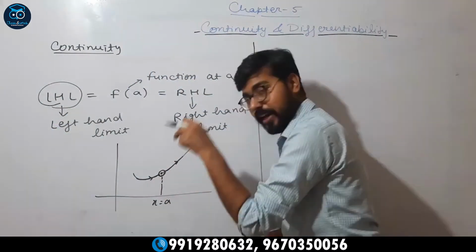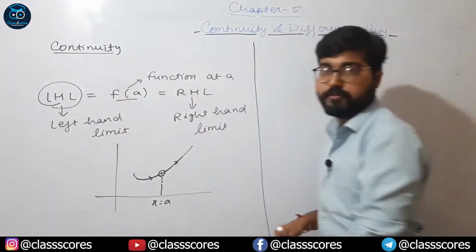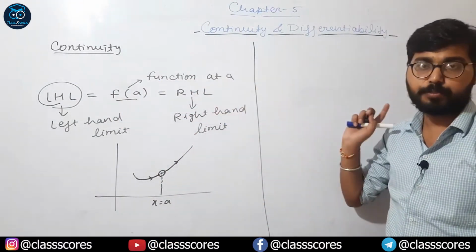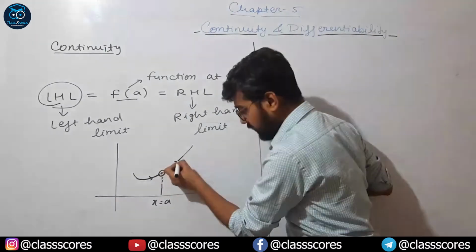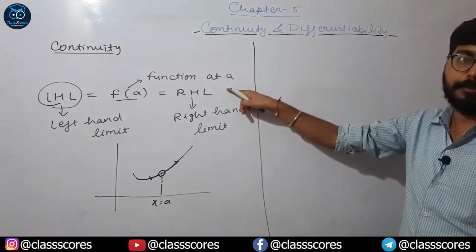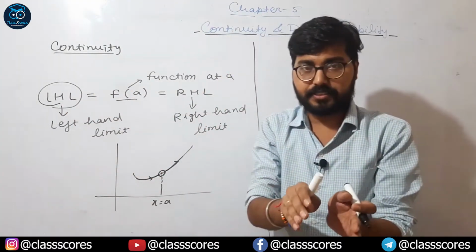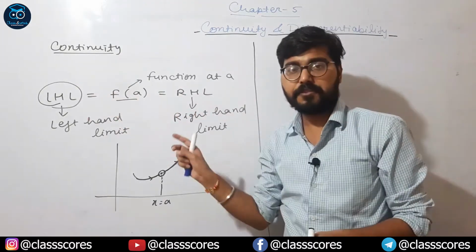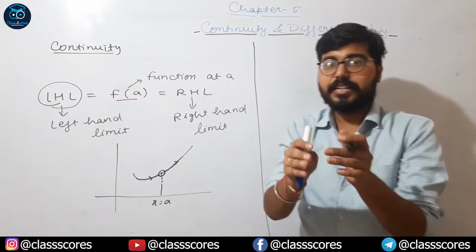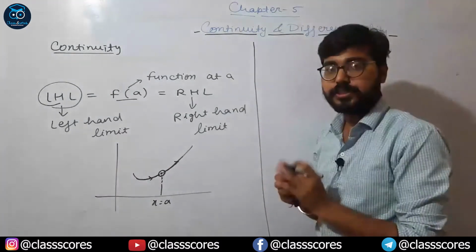This part is at the same point, so this is f of a, the function at point a. And this is at the right side, so this is the right hand limit. If all three terms give the same result, then we can consider that function as a continuous function.